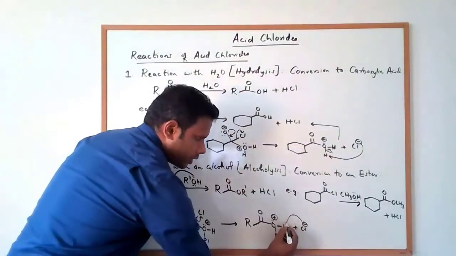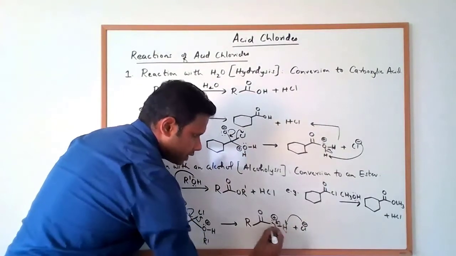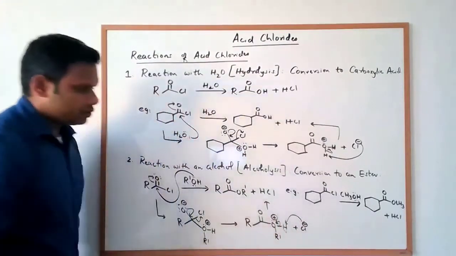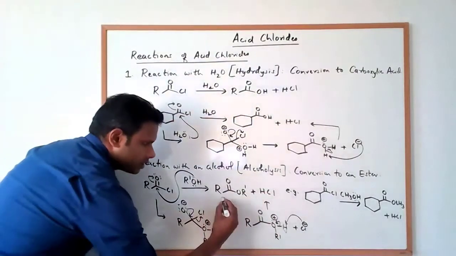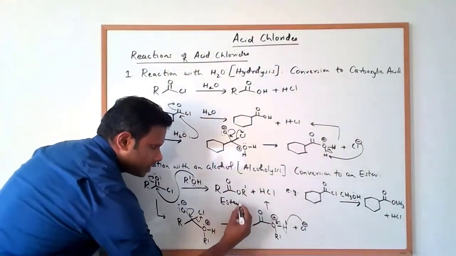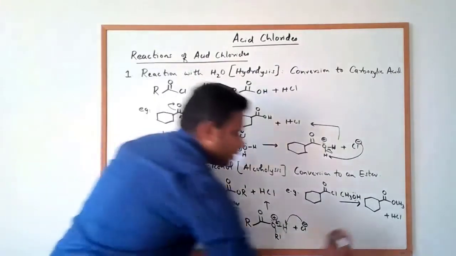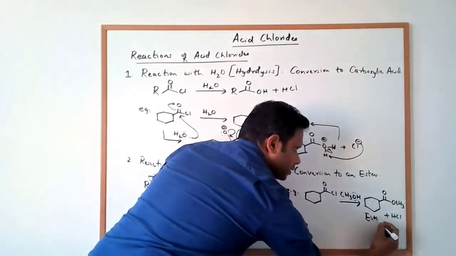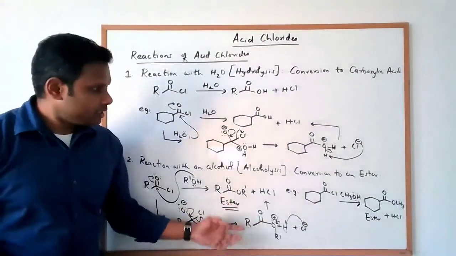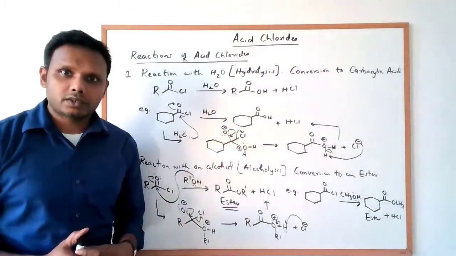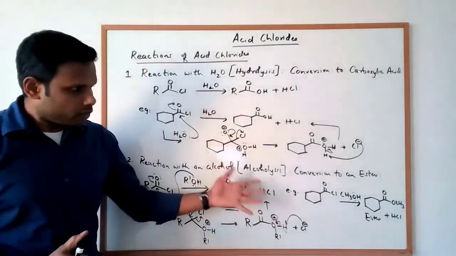When the chloride deprotonates this ester, it brings us to the final product, which is the ester plus the HCl. So here's our ester. It's a mechanism that's very similar to the hydrolysis reaction itself.